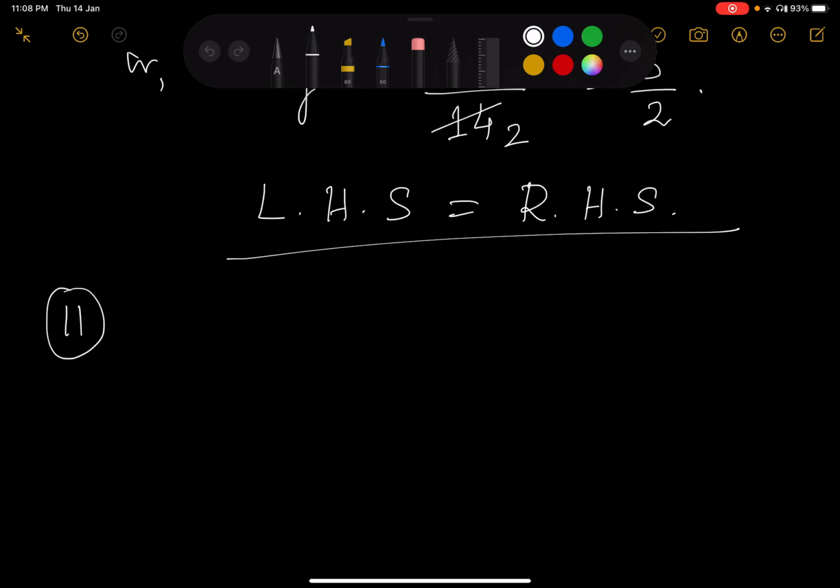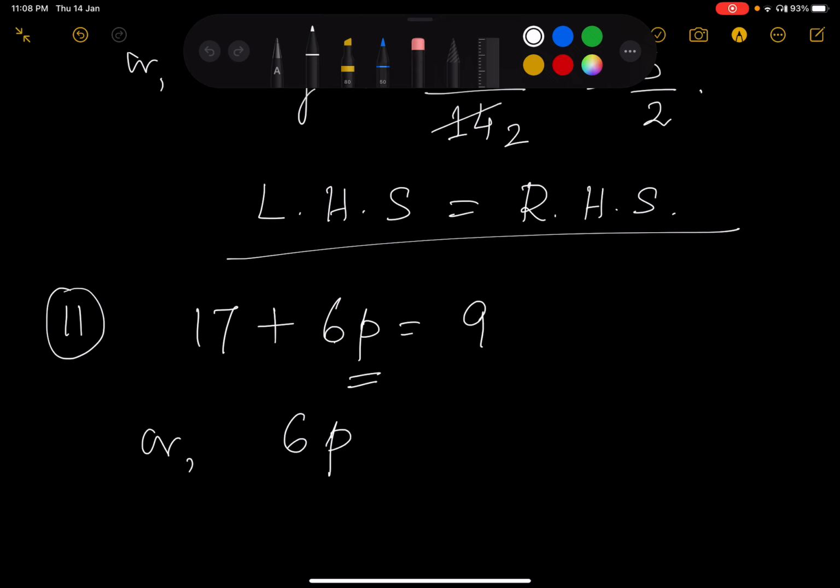I'll go to the next problem, that is 17 plus 6p is equal to 9. So here the variable is p. P is multiplied with 6 and the number on the left hand side is 17. So again the next step we can write like this, 6p.